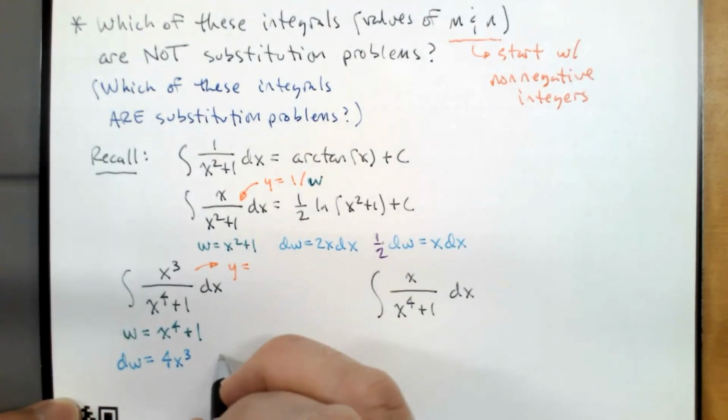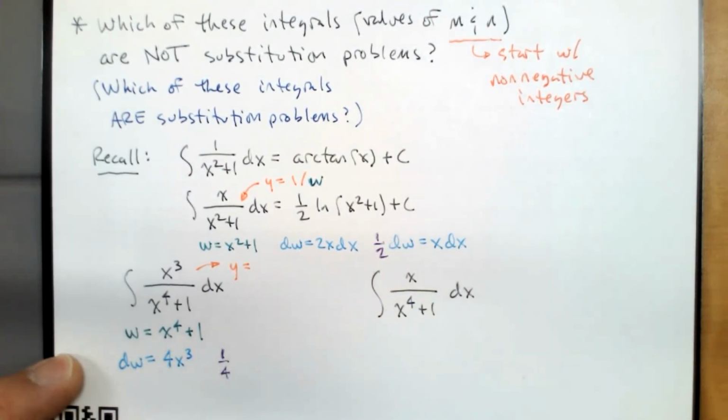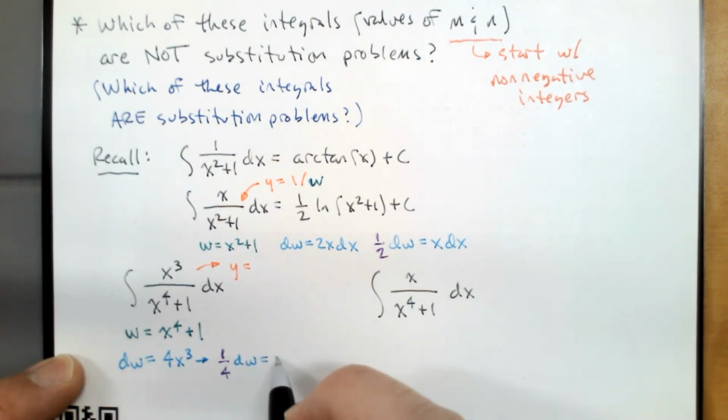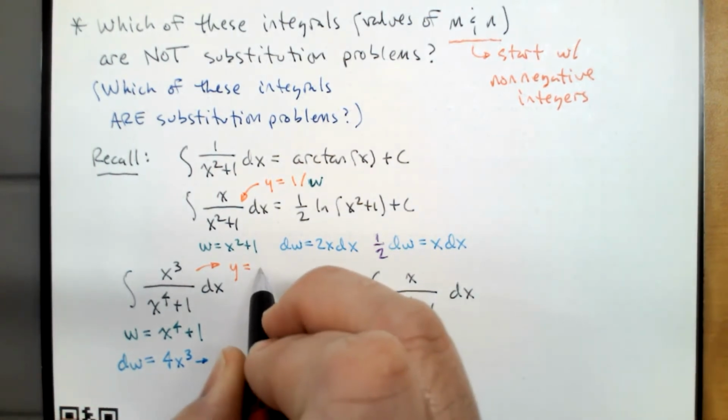We'll get rid of that 4 and go 1/4 dw is x to the third dx. And this shows us the function that we're actually integrating. It's a 1/w function.